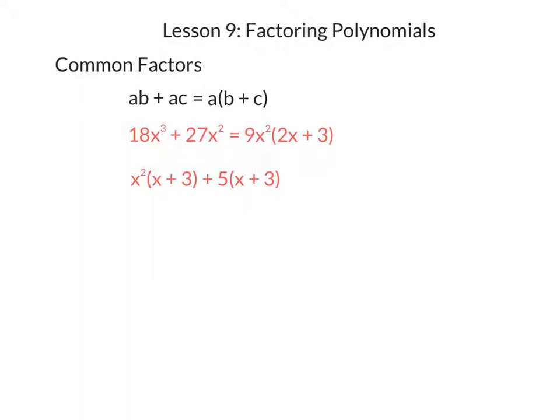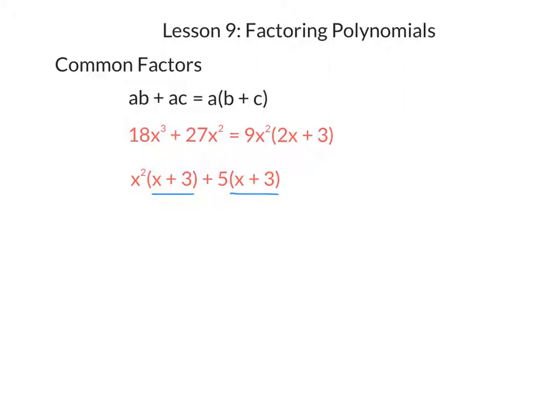So let's look at another expression. x squared, parentheses x plus 3, plus 5, parentheses x plus 3. Basically, we've only got two terms here. Now, is there anything common? Is there a common factor? Well, if you look closely, you can see that we have x plus 3 here, x plus 3 there.